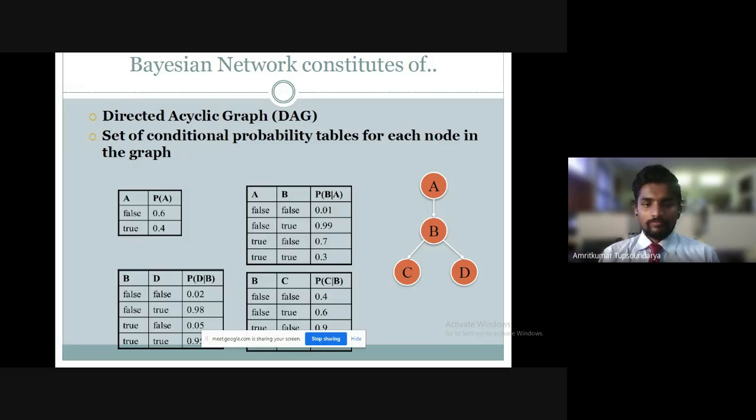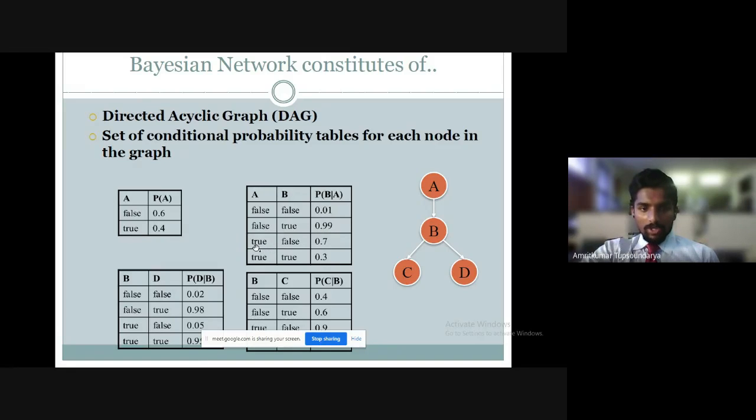So the probability of both being false is very less, that is 0.01, just 1%. The probability of A being false and B being true is very much higher, nearly 99%, 0.99.